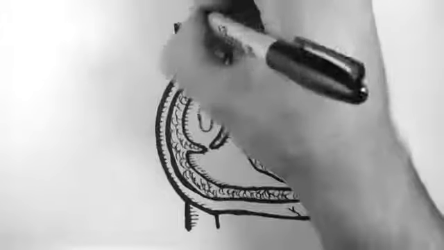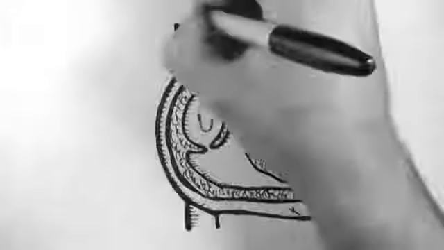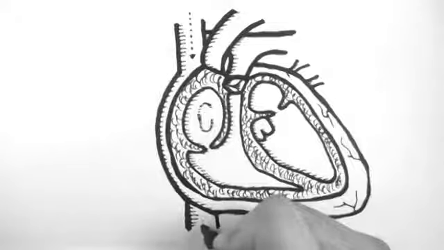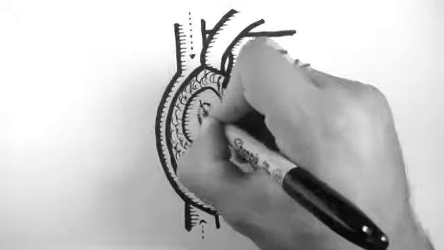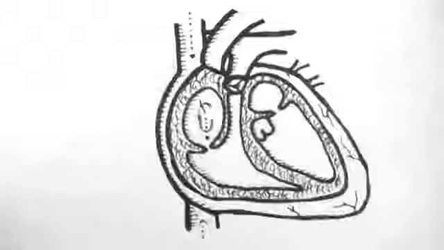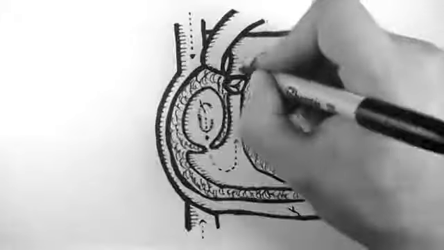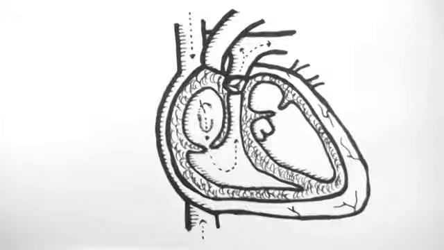So first of all, let's have a look at the way blood flows through the heart. Blood comes into the heart here and from here, and this comes from the body. This blood then enters this chamber here and flows down through here, then up through this chamber and out this vessel.